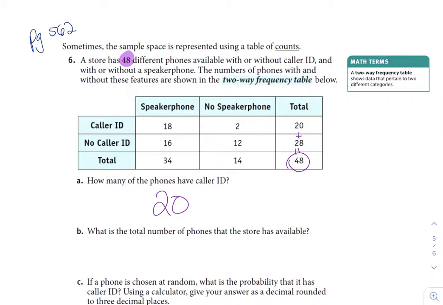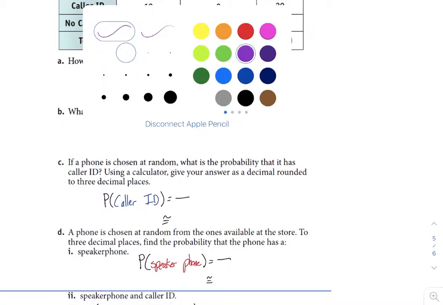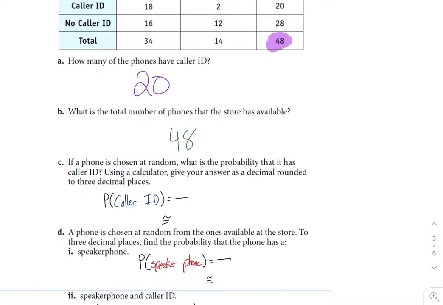Or you can add the speakerphone and non-speakerphone phones, so you get 34 with speakerphone plus 14 without a speakerphone for a total of 48. So to find the total, you either look in that bottom right corner box with the 48, or you can add the totals of either the rows or the columns. Regardless, there is a total of 48 phones in this particular problem.